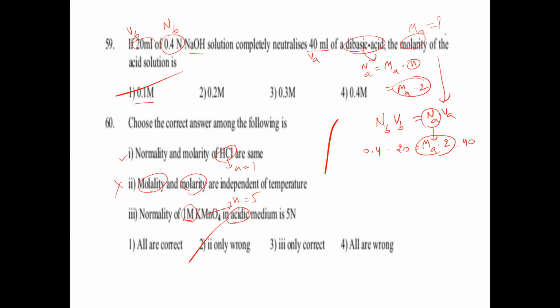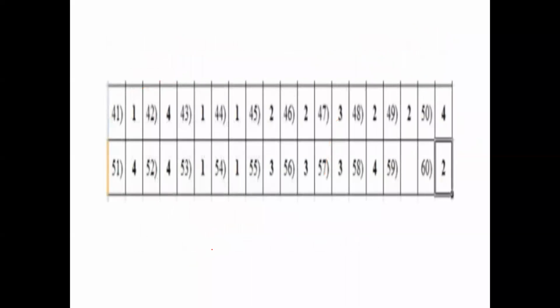Molarity given is 1 molar, into N factor 5, that is 1 into 5, 5 normal. So like this, only the second statement is wrong. The remaining are all correct. The answer is that only 2 is wrong. Is that clear, ma? This is the key. You take a screenshot of this. Here it is 49A answer. So take a screenshot of this key.